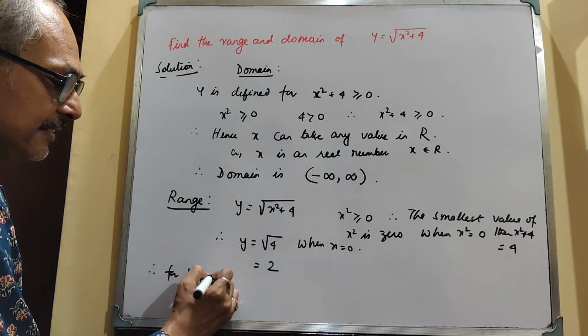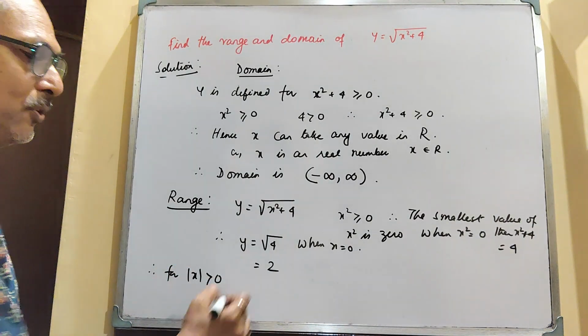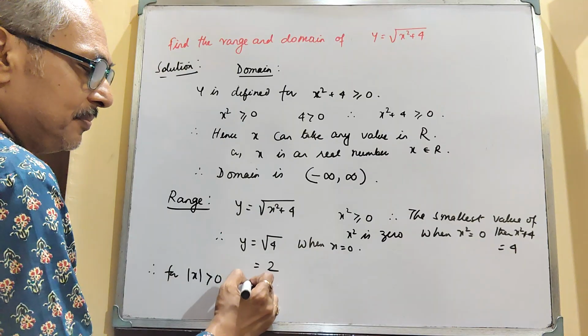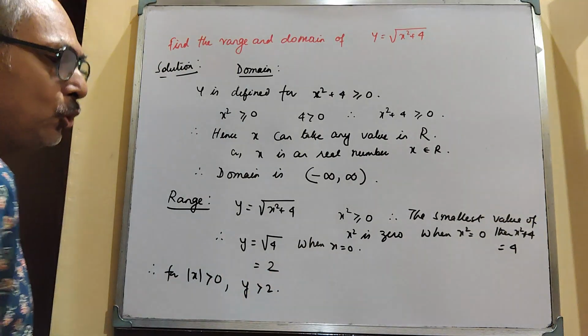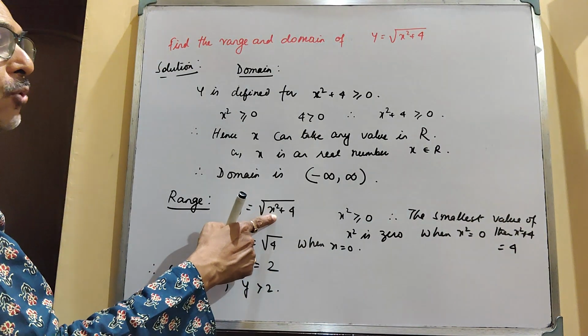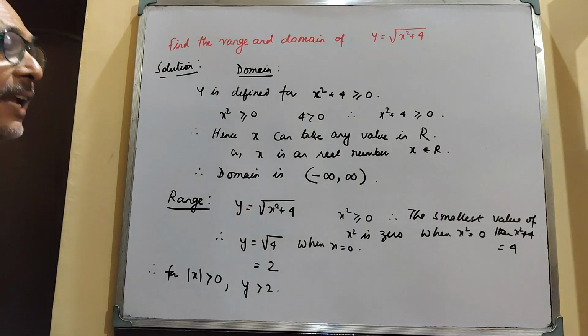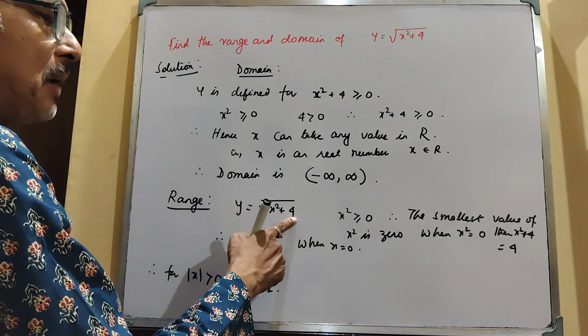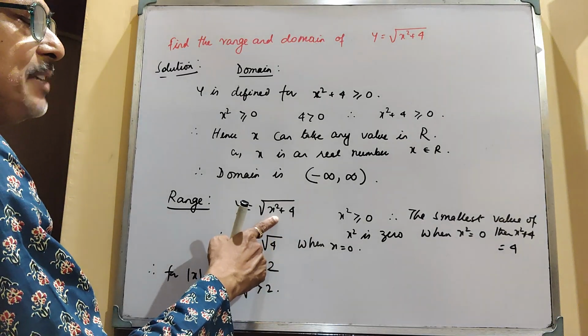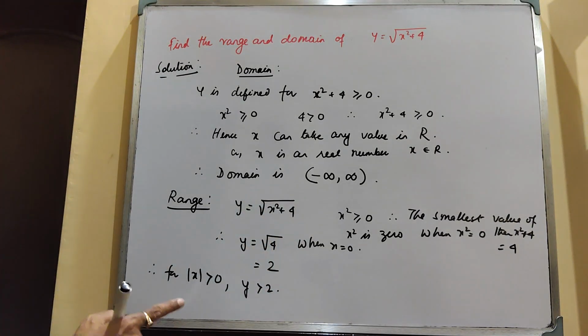Therefore, for mod x greater than 0, y is greater than 2. When the value of x equals, say, 1, then it becomes 1 squared plus 4, that is, under root 5, which is greater than 2. That means y is greater than 2.